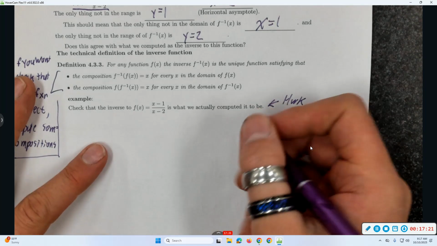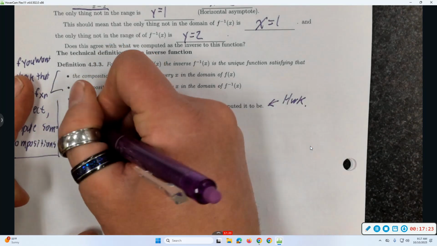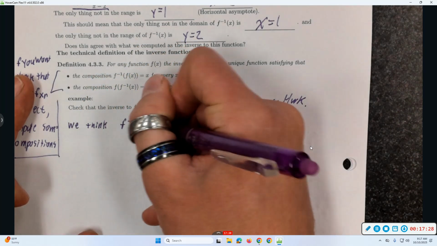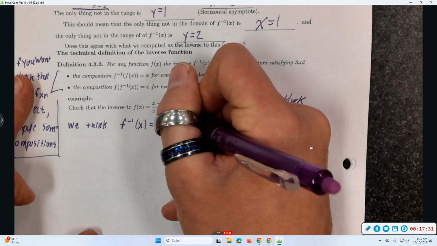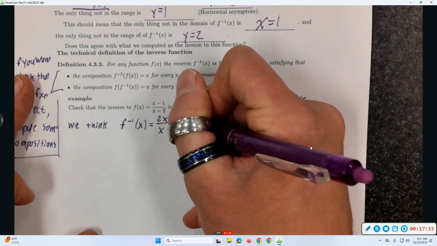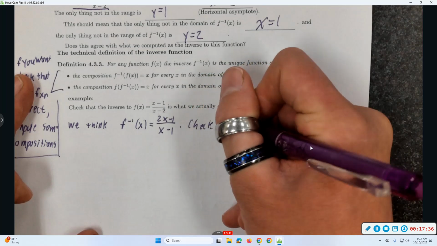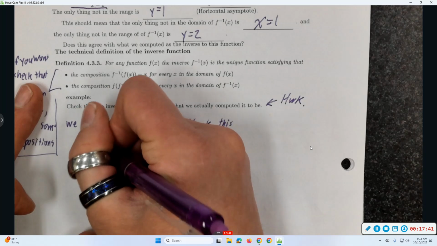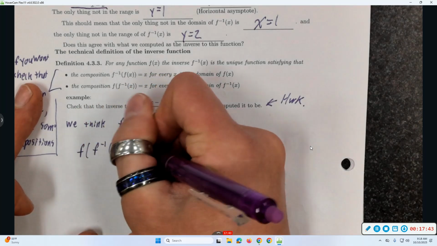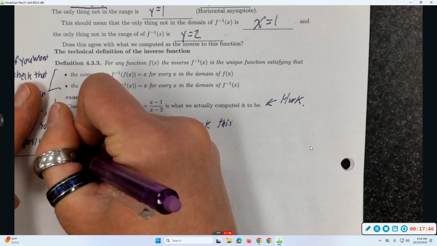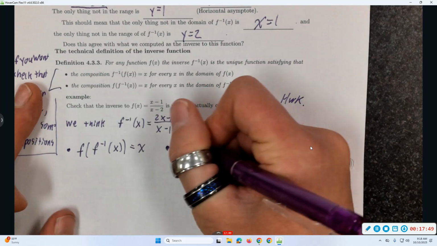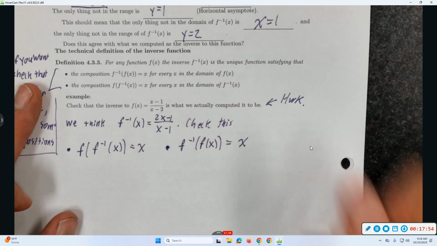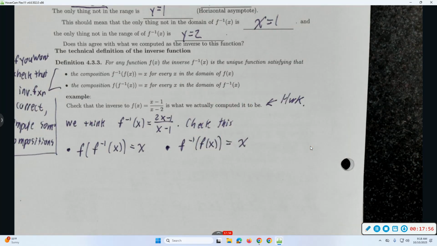So, to do this, I guess we need to check that f of f inverse of x is x. And we need to check that f inverse of f of x is also equal to x. So we need to do like 2 compositions.